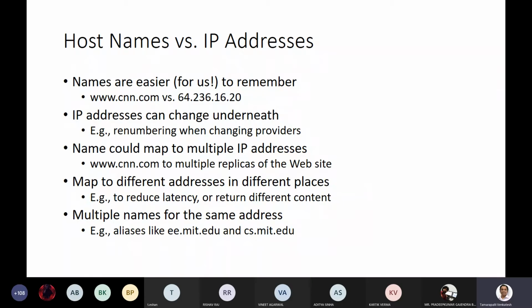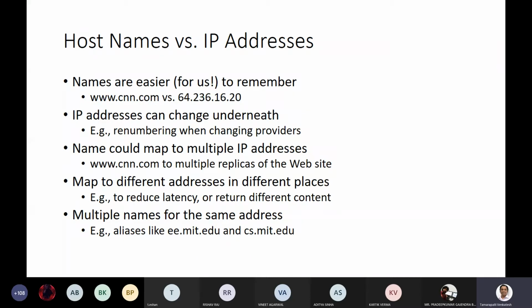We can also have aliases, like in IIT Guwahati itself, we use different names, a local name for the web server like shiloi.iitg.ac.in, which is not visible to the outside world. So you can have different names, and these different names again could mean the same web server or the same email server, and they could be resolved to different machines or be resolved to the same machine.